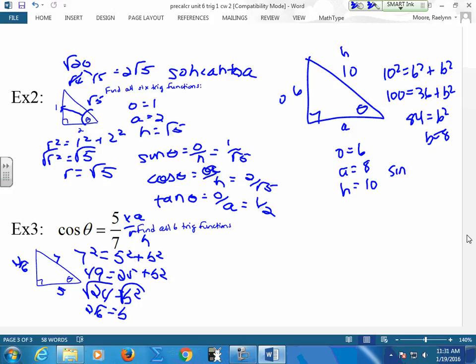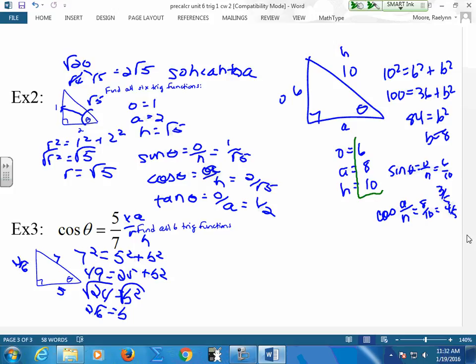When I set this up, sine, opposite over hypotenuse, 6 over 10, I have to reduce that. Divide by 2, 3 over 5. If I set cosine up, adjacent over hypotenuse, 8 over 10, I have to reduce that. So here's a nice way to do this.